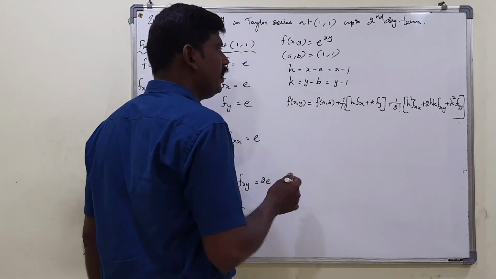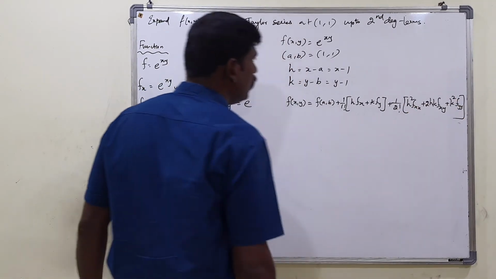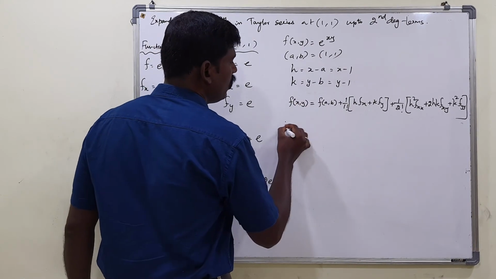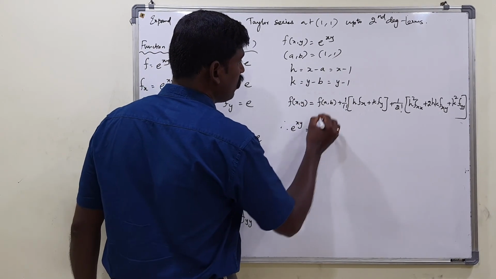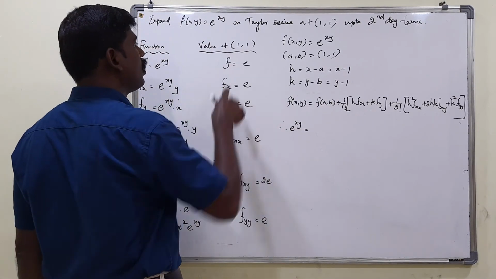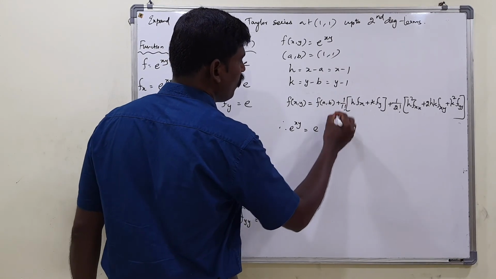Okay, we need just up to second degree terms, so I stop this expansion at the second degree. That's all. So what is the value of f of x comma y, e power xy? It is equal to f of a comma b, the value of f at a comma b, and a comma b is 1 comma 1, so it is e.